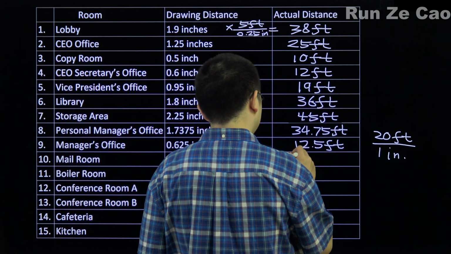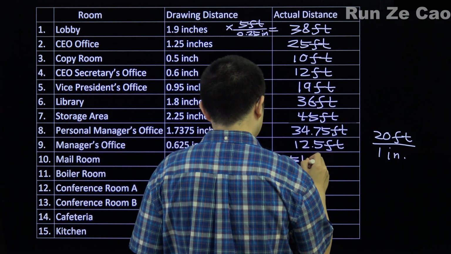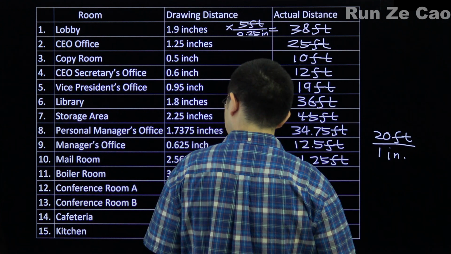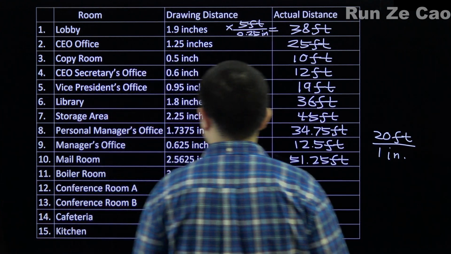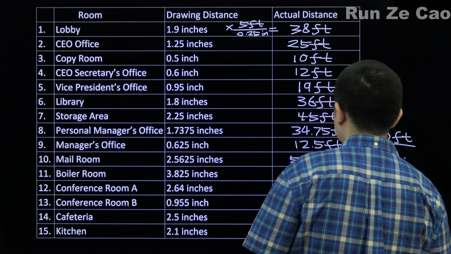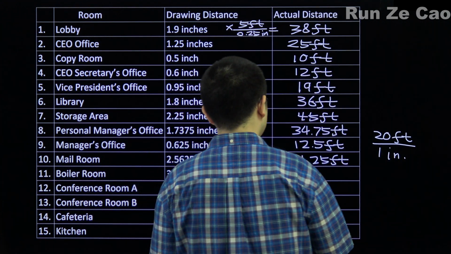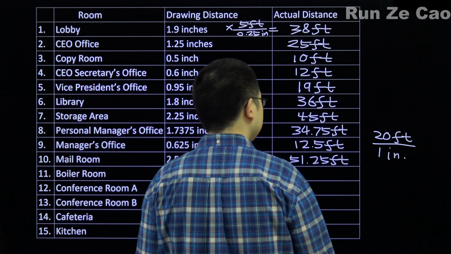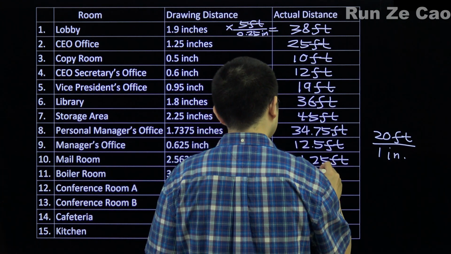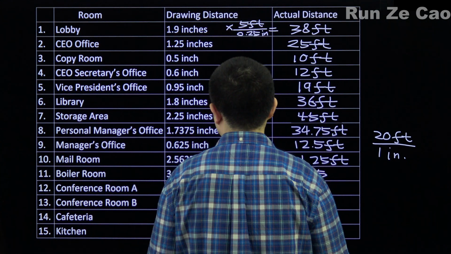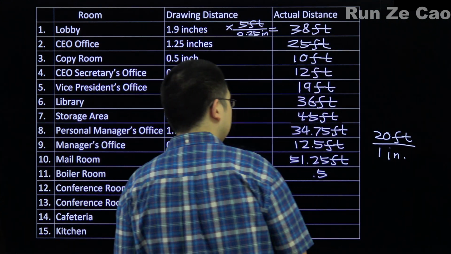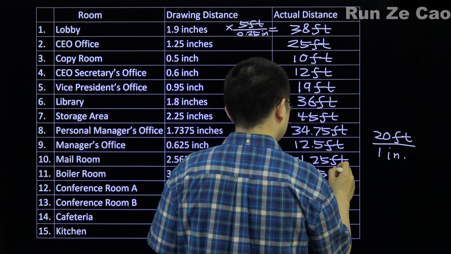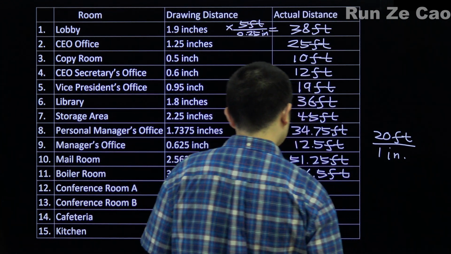So we're looking at 51.25 feet. Boiler room, 3.825 inches times 20 feet per inch, 3.825 times 20, that's 38.25 times 2. So we got a 0.5 at the end. And then 38 times 2 gives us 76.5 feet here.